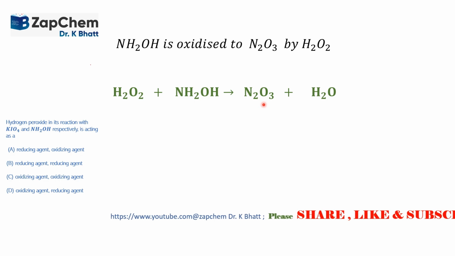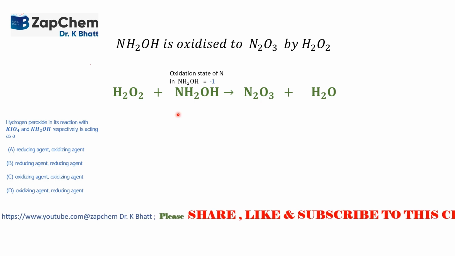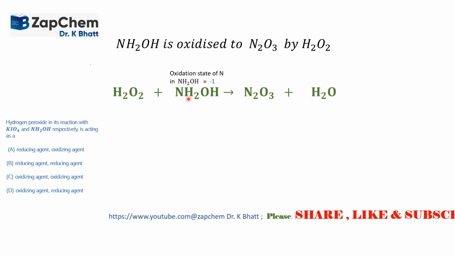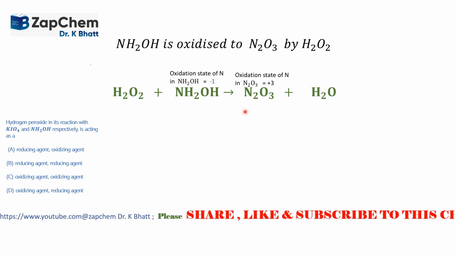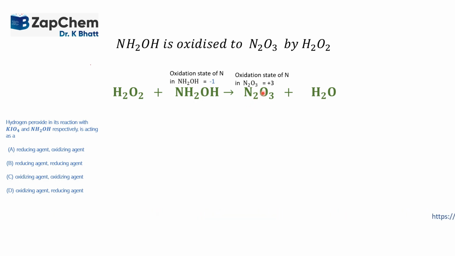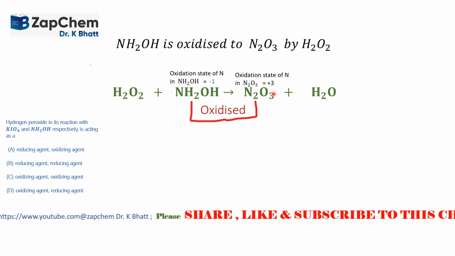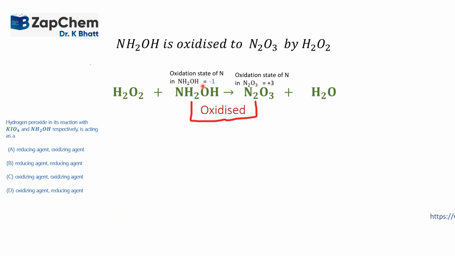N2O3 is formed, and if you look at the oxidation state the same way as we have done earlier in the case of potassium periodate, we need to calculate the oxidation state of nitrogen here, which is -1, and here the oxidation state of nitrogen is +3. So that way we calculate and we find what has happened here. Oxidation has taken place because the oxidation state has increased from -1 to +3.